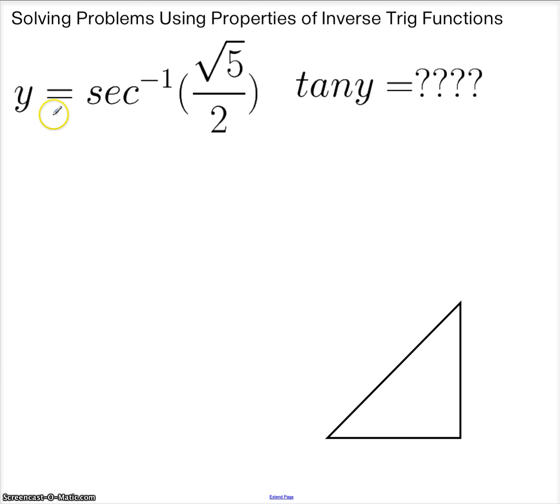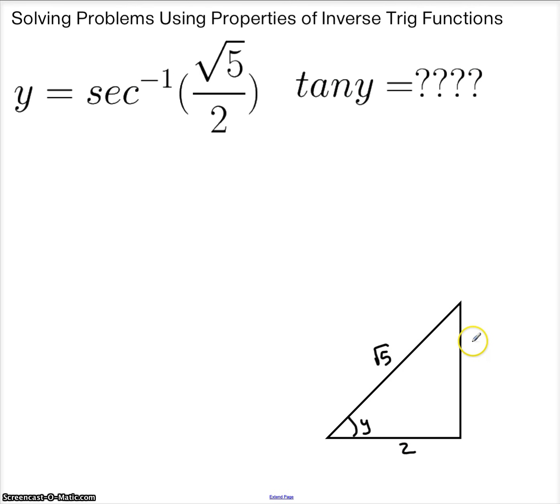Let's do another one. Suppose I tell you y is the inverse secant of the square root of 5 over 2. How do I find tangent? Now this is y. All right, so I know the secant is the square root of 5 divided by 2, so my triangle becomes, there's my hypotenuse, and there's my adjacent. So what is this side right here? What is my last side?